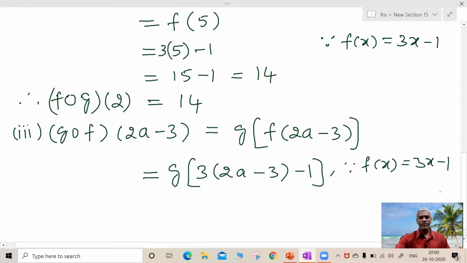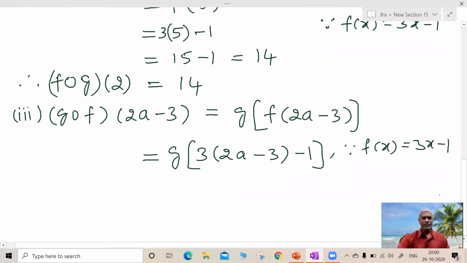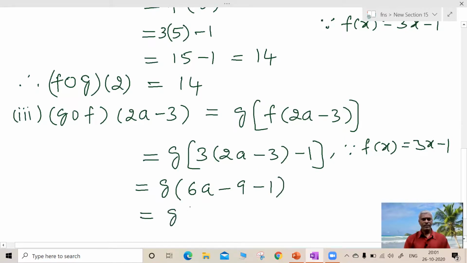Simplifying, 3 into 2 is 6a, 3 into 3 is 9, minus 1, 6a minus 10.